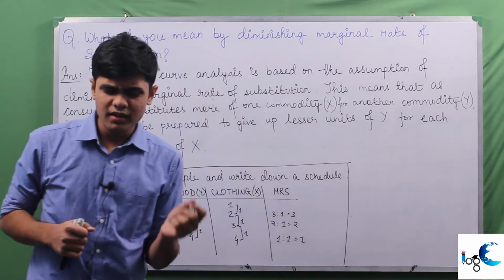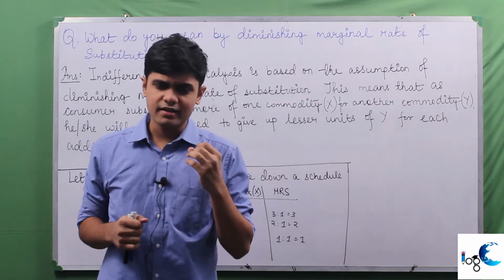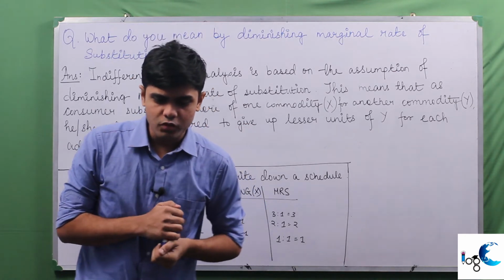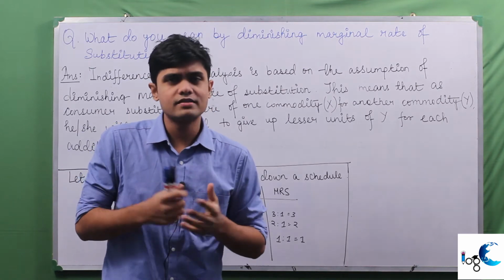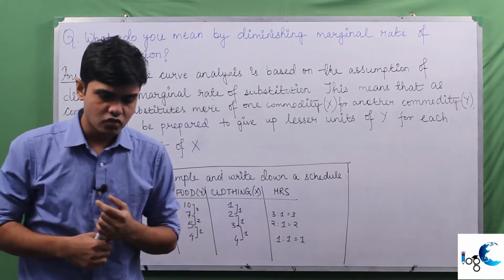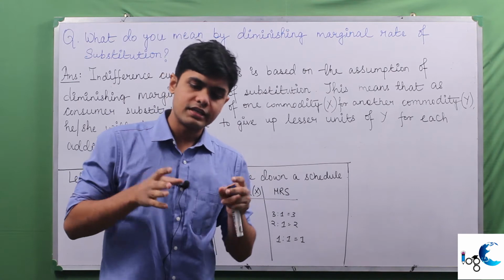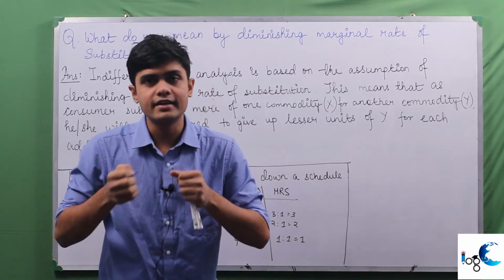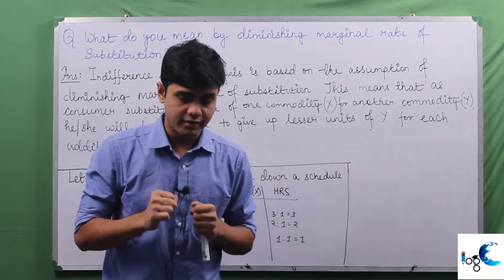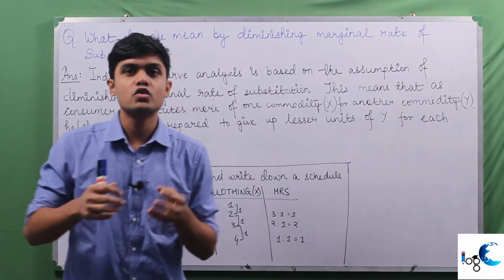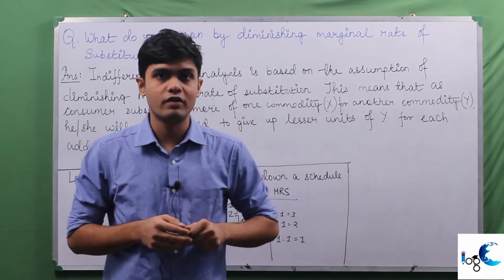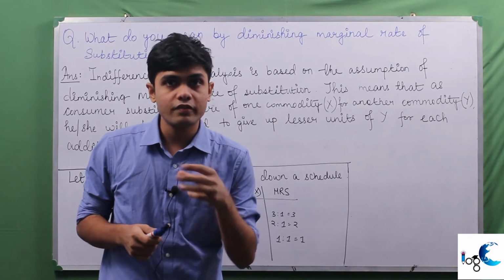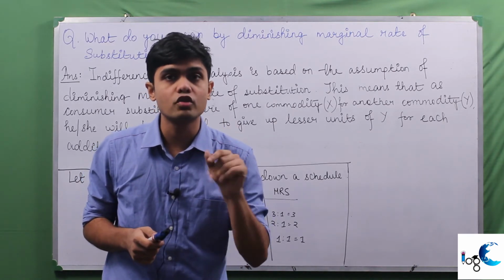Now, just take a simple example. Suppose you have more of a single good, say X. So, you want to give up X for getting some amount of Y. But the main problem is, as you give up amounts of X to get some amounts of Y, the amount of X that is remaining with you goes on falling.